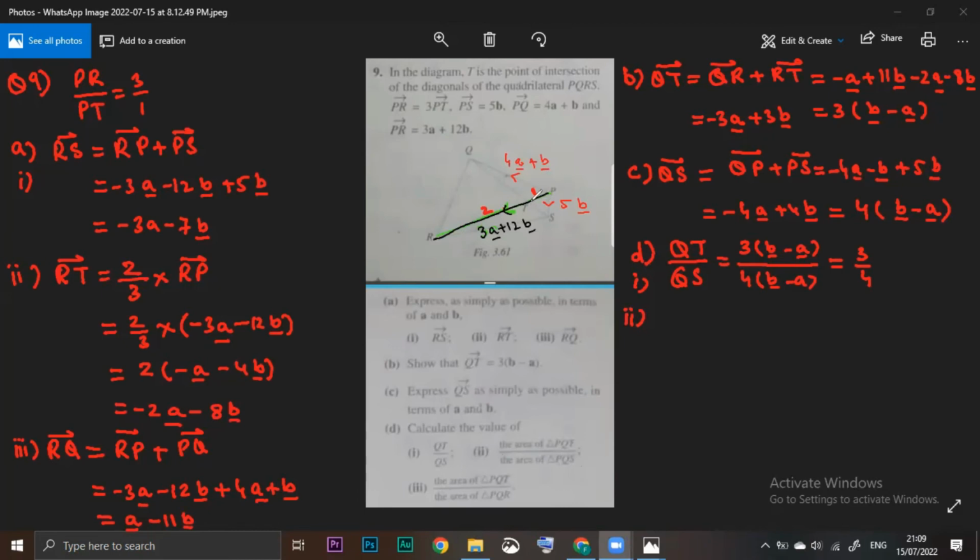PQT is this triangle and PQS is this triangle. These are the two triangles.